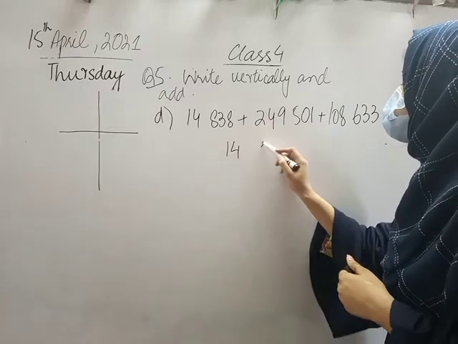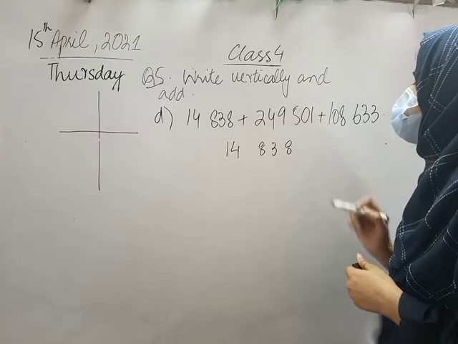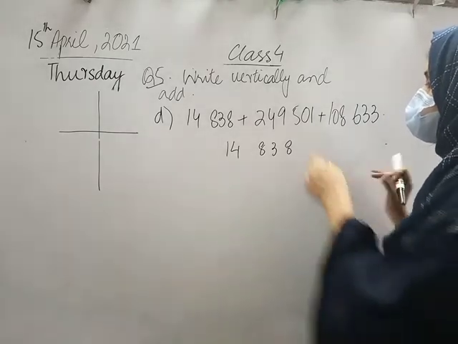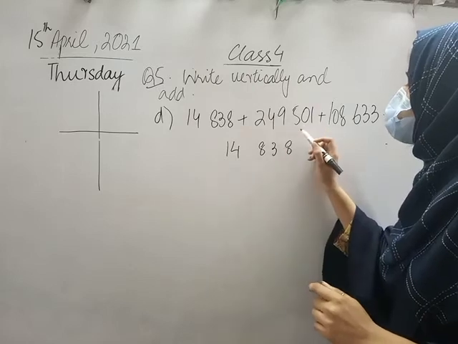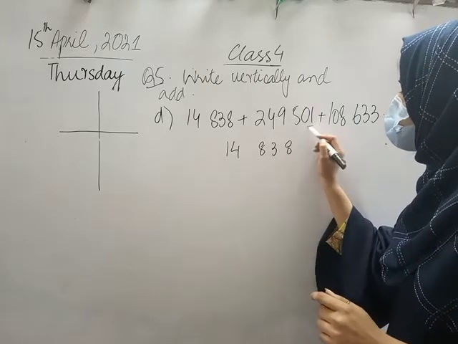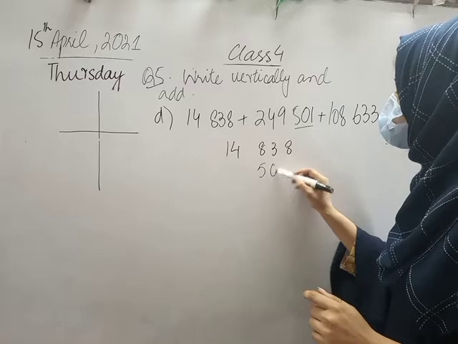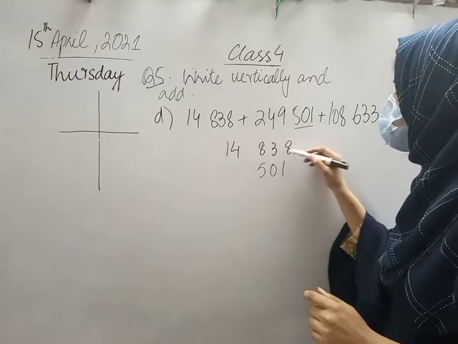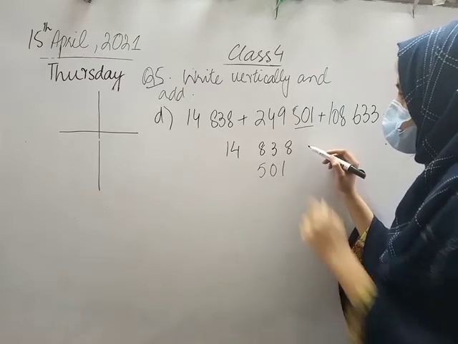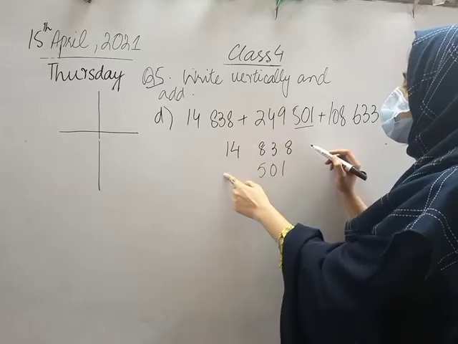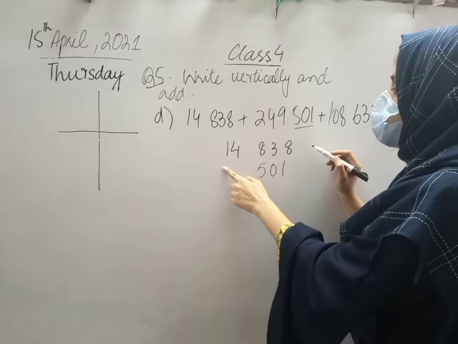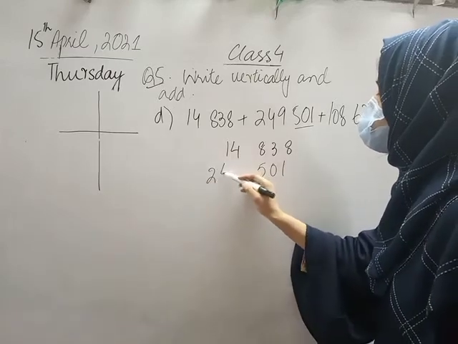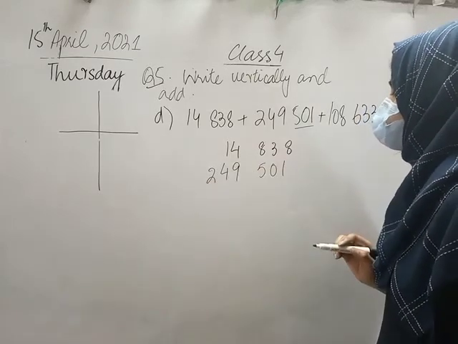Now I am going to write the numbers one by one. The first is 14 space 838. Fine. The second number is 249 space 501. I am starting from this side. So 501 is below 838. Now the next, which belongs to the thousand column, is below 14. 249 like this.